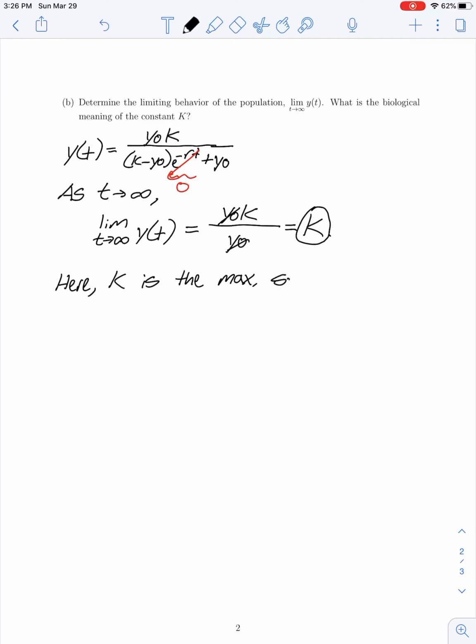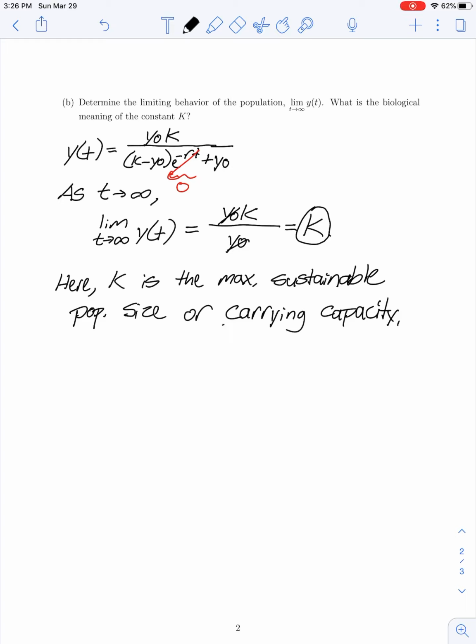So in summary here, this constant k is the maximum sustainable population size, or sometimes called the carrying capacity of our population. So any problem which references a carrying capacity is talking about this constant k.